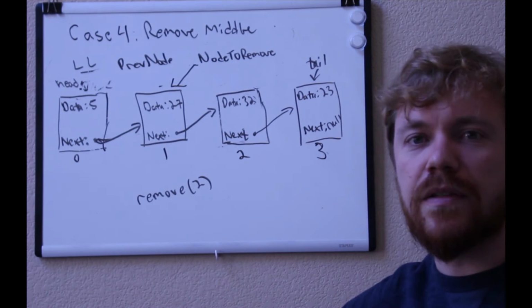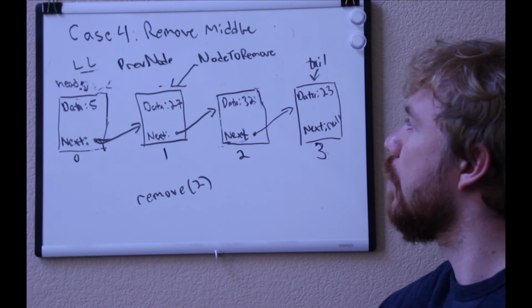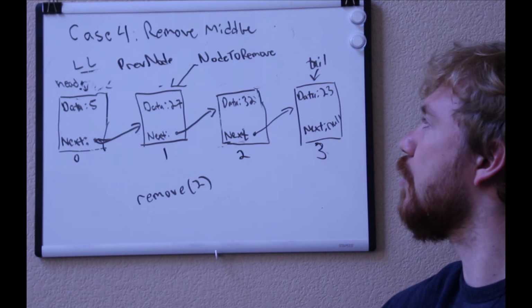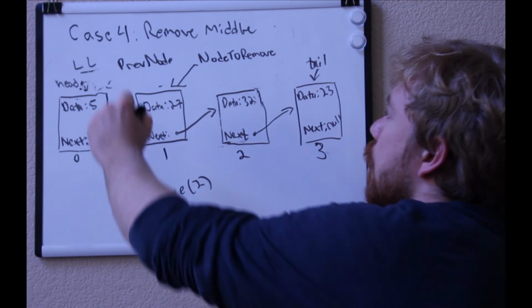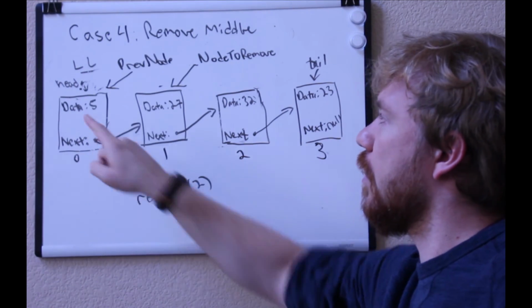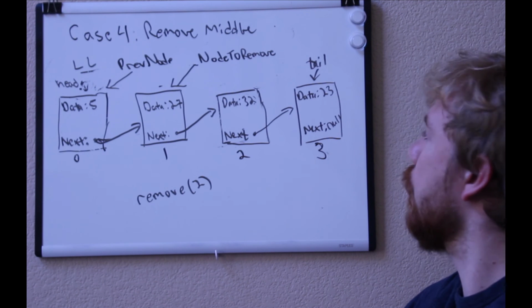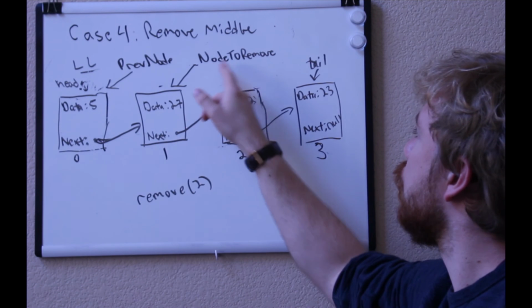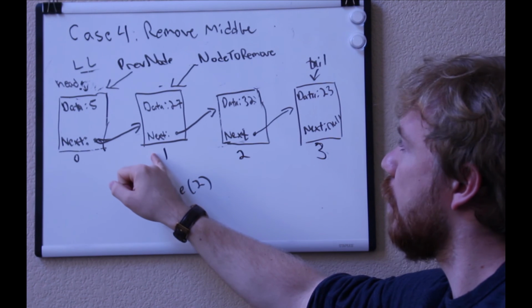Now, the trick to this is that the node to remove is actually followed by previous node. Previous node will always be the previous node to the node to remove, which means previous node is now set equal to this guy. And so continuing on with our algorithm, node to remove is looking for 2, but currently is at 1.